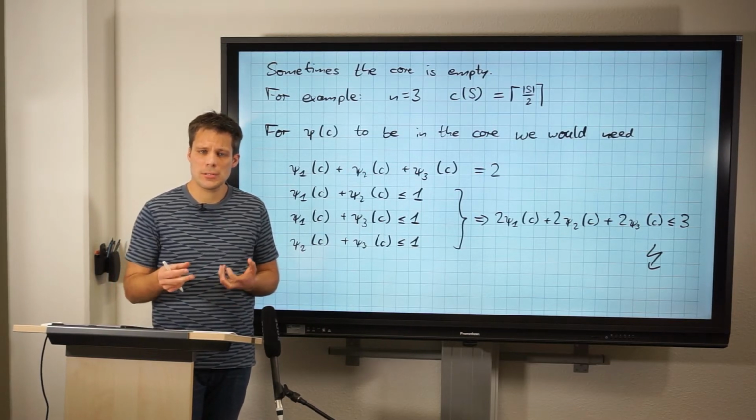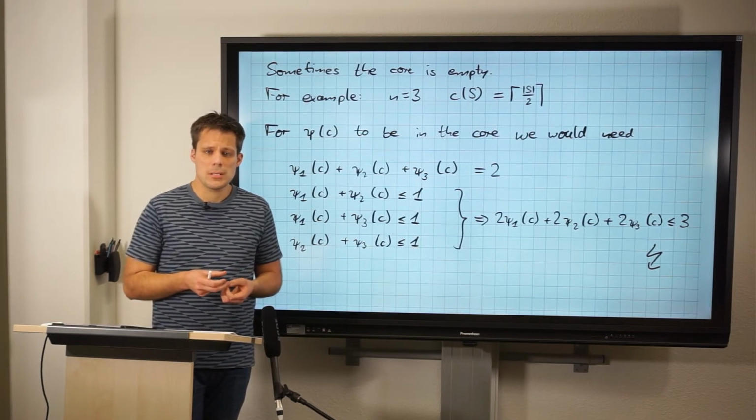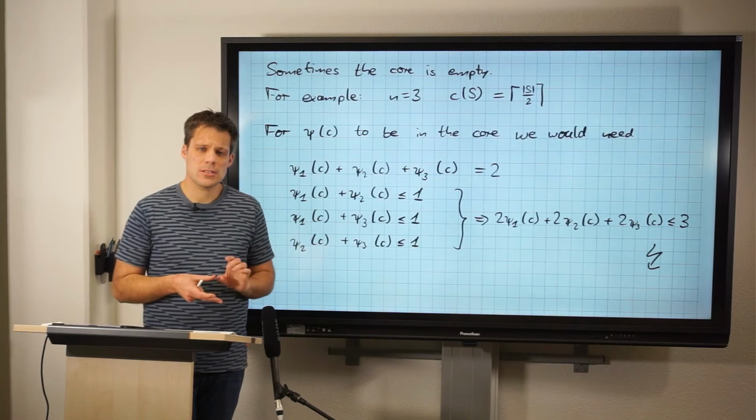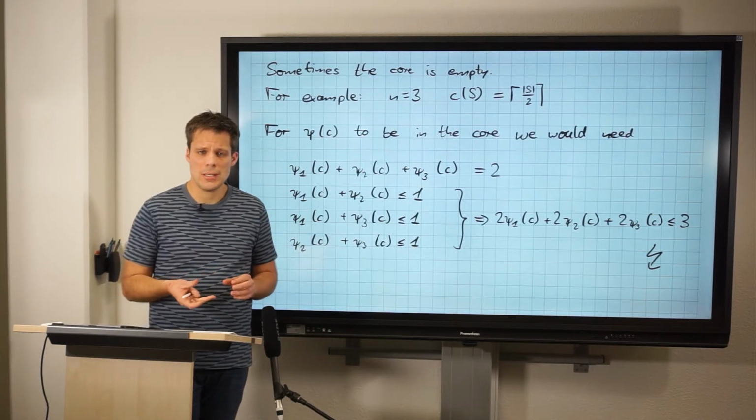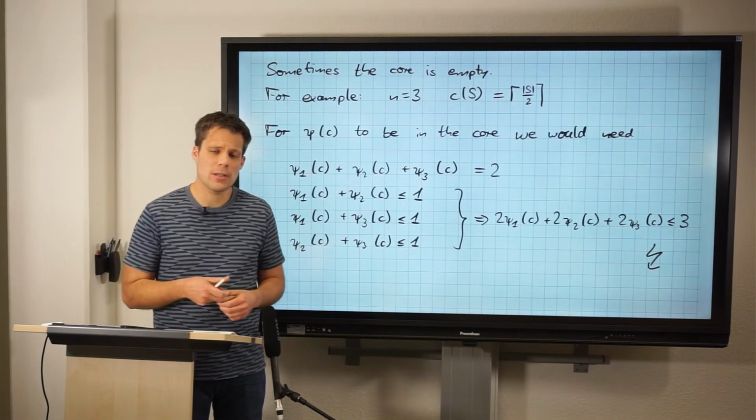So under what conditions is the core not empty? But we won't be discussing this question today or in this class, but we will rather move to a different way of sharing the costs now.